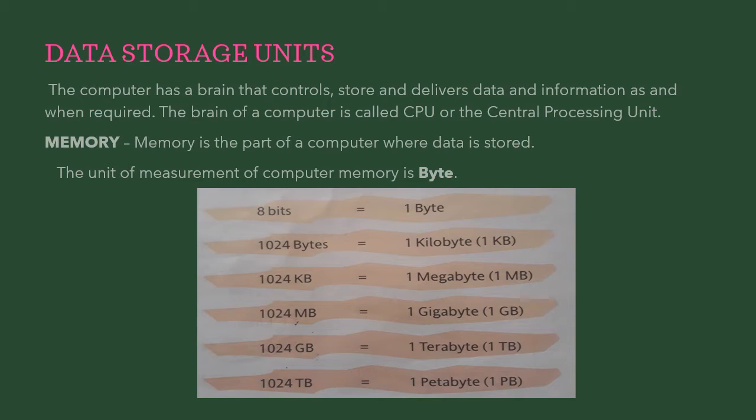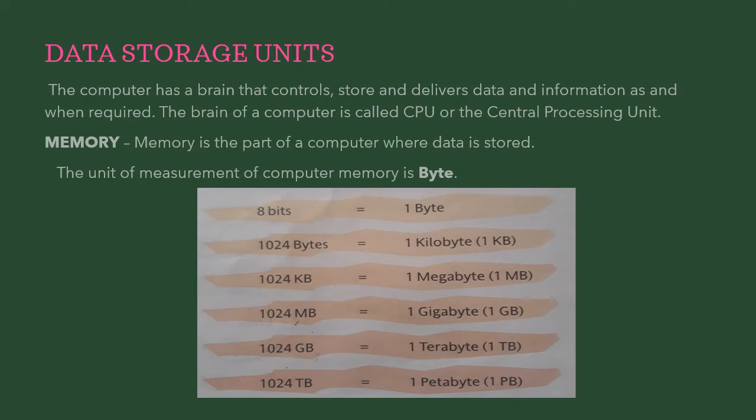Data storage units. See children, the human brain performs the function of thinking and storing ideas and facts. In the same way, the computer has a brain that controls, stores and delivers data and information as and when required.